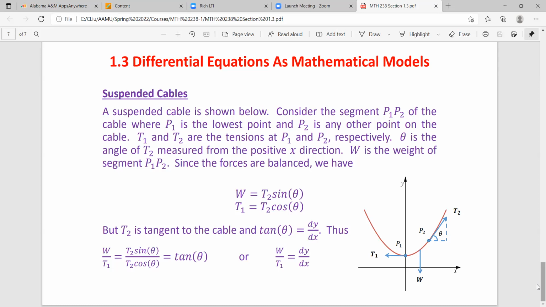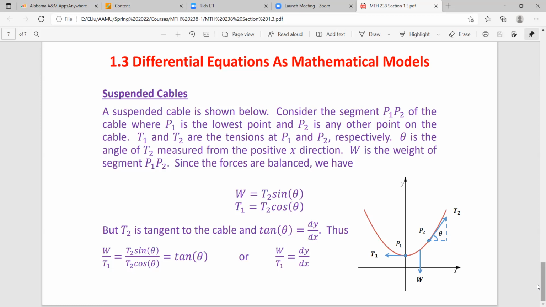The lowest point P1 has to be in the middle. So we call this P1, and any other point we call P2. Then we consider this segment P1, P2 and the forces on this segment.